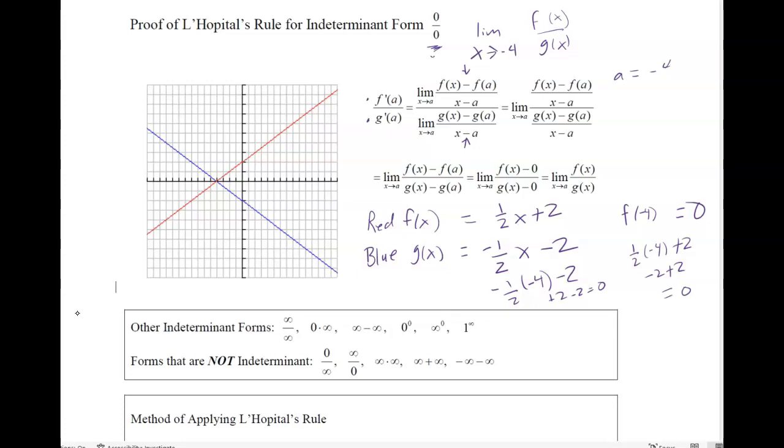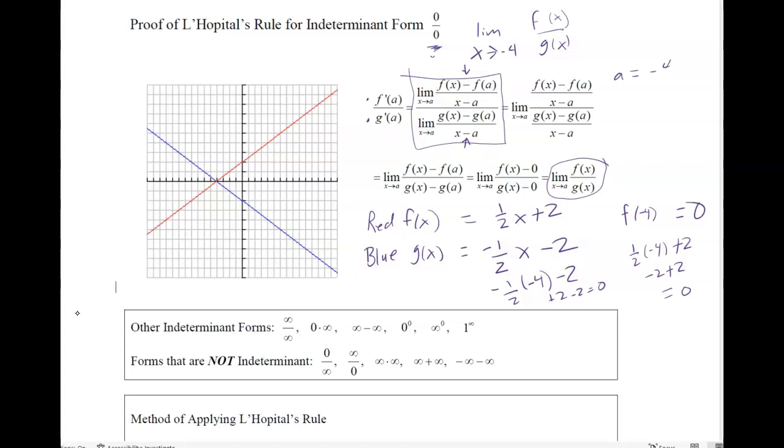And when we finish doing that, it turns out the limit of the ratio of our two functions as x approaches negative 4 is the same as the limits of their derivatives taken individually as a ratio.